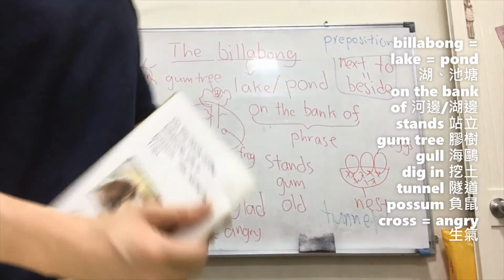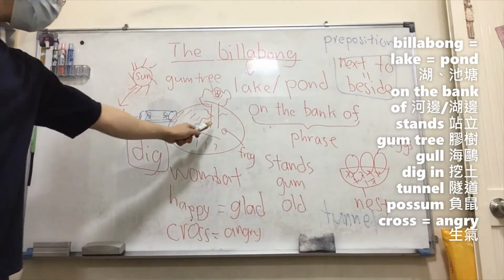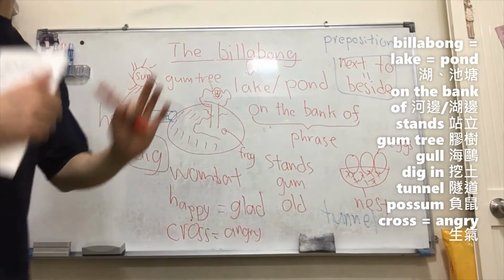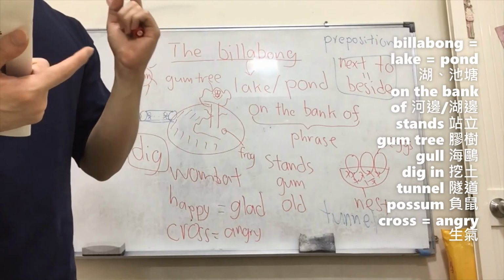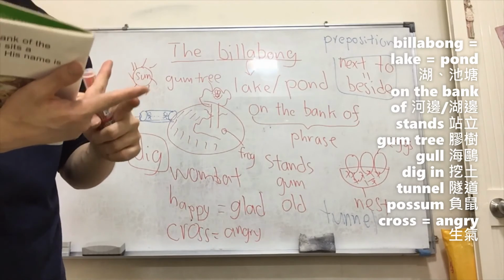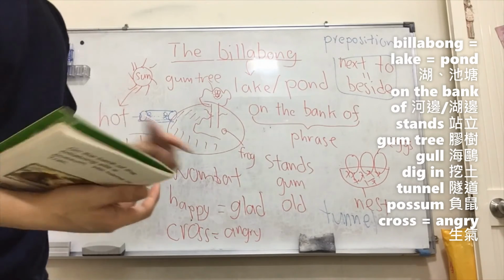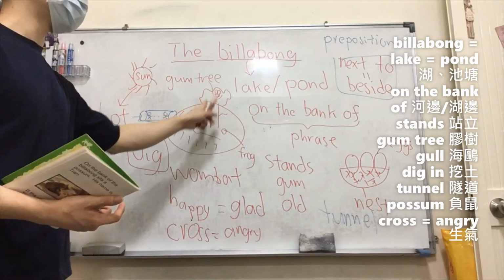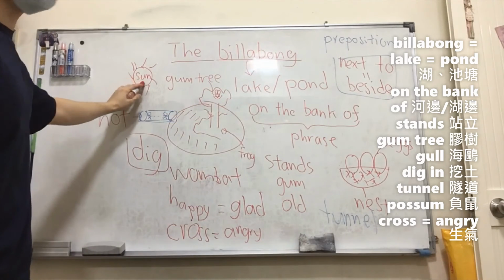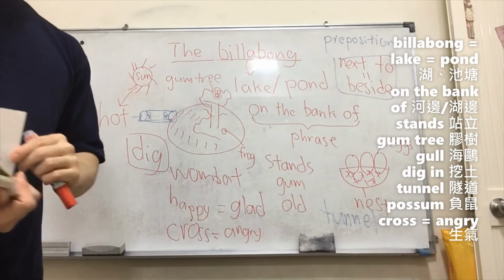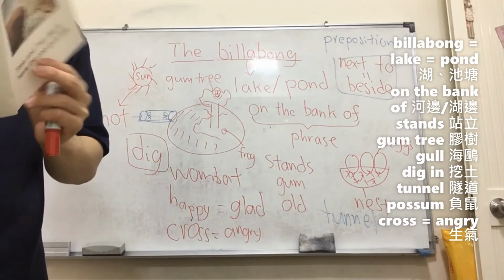So on the next page, you can see the cool gum tree is a place where Tran, Tess, and the gull hide, so that they can get away from the sun and it is not hot.